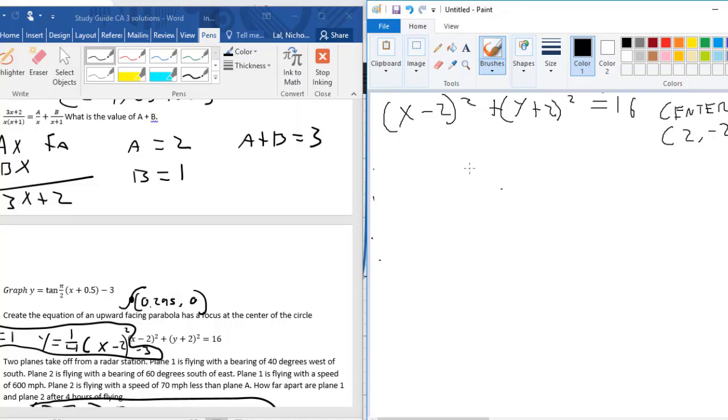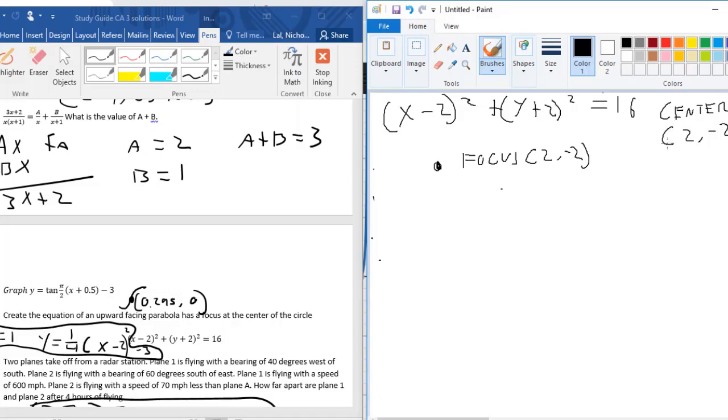Reading the question, I see that the parabola has the focus at the center of the circle. So I have a focus with the coordinates 2, negative 2. The center of the circle is the focus of the parabola.